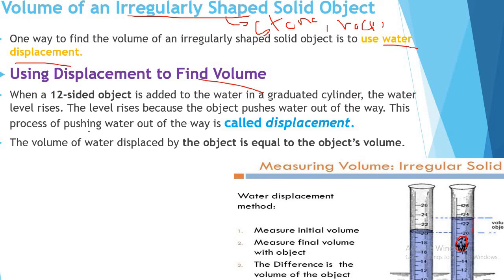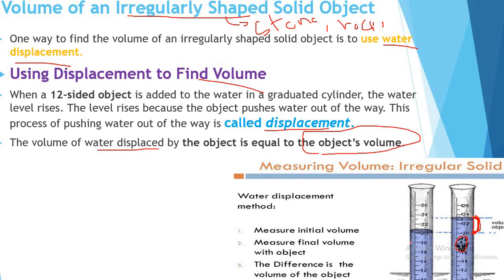This process of pushing water out of the way is called displacement. So this is called displacement. The volume of water displaced by the object is equal to the object's volume.